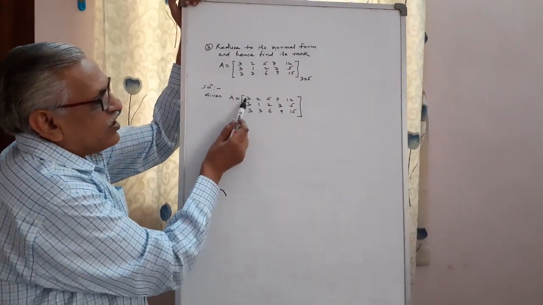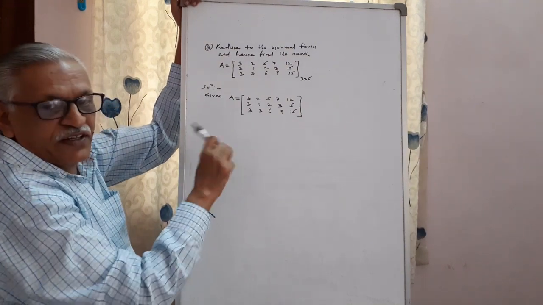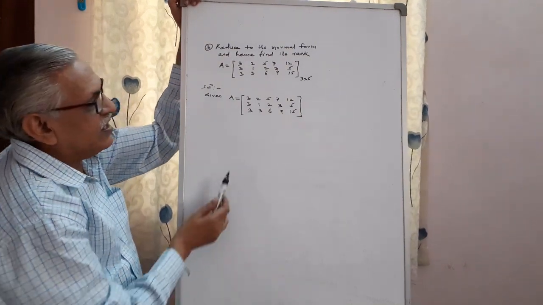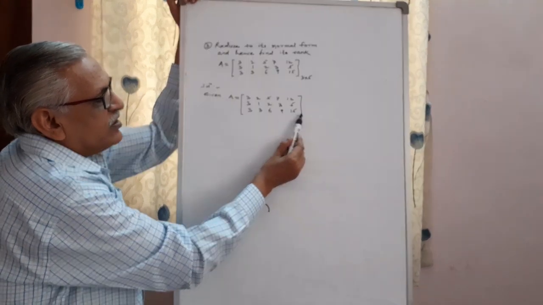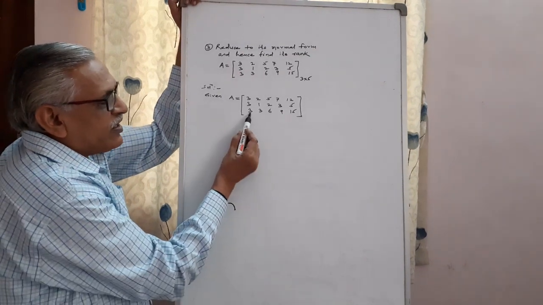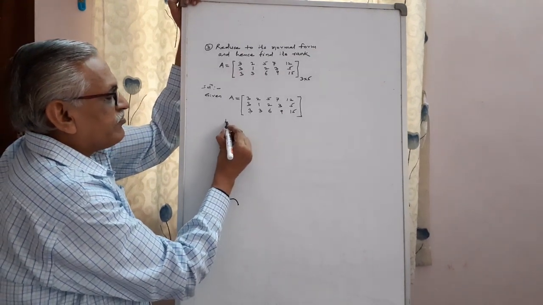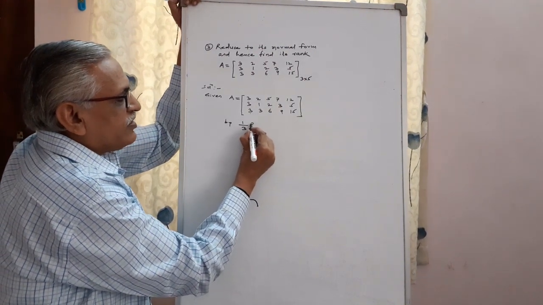Therefore the leftmost element we want 1, and no 1 is available, so that by interchange we can make it 1. Here in the last row all the elements are multiples of 3, therefore I will make it 1 by multiplying that row by 1 by 3.